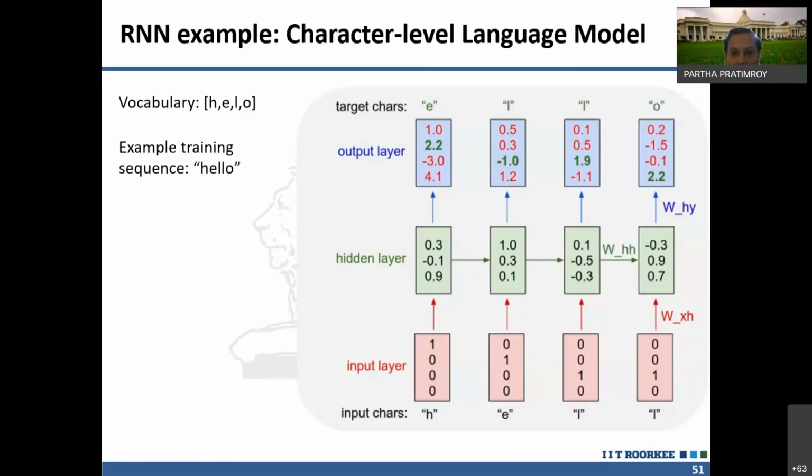Any other doubts? You consider that this is a multi-layer perceptron, a simple neural network. How does it work? It is the same thing. It's just rolling again, repeating again and again.